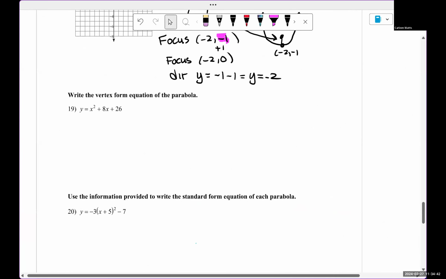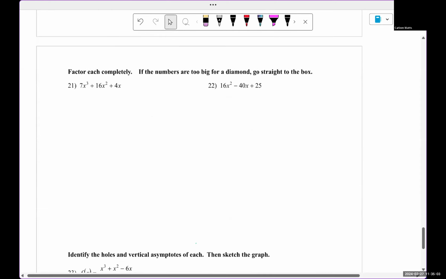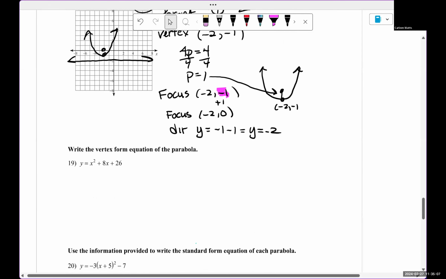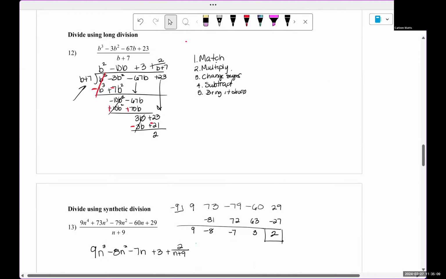Number 19. Okay, we are not doing the new material. Okay, I don't think. Oh, the new material.